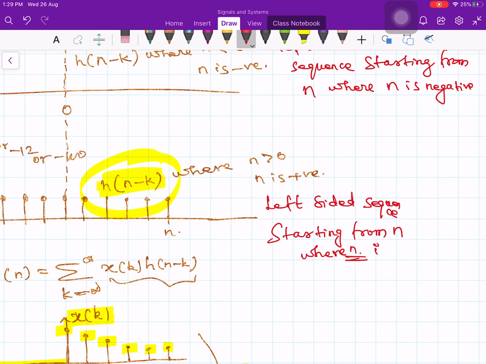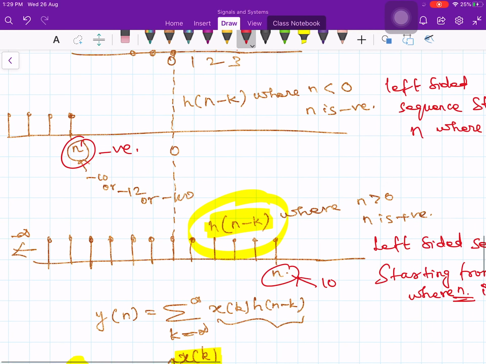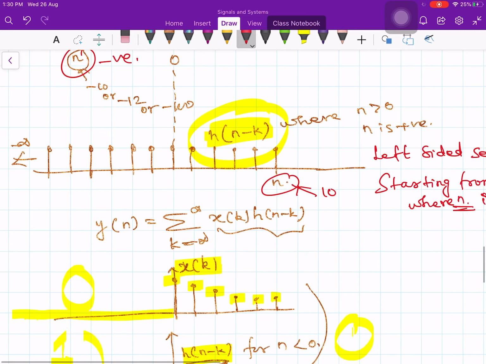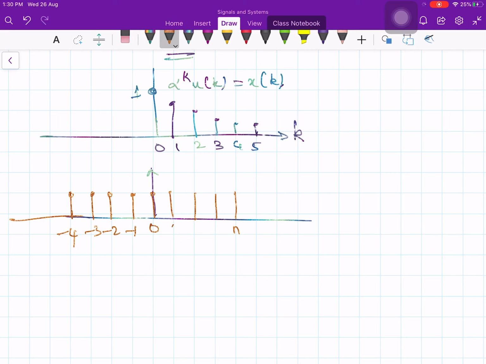So let us say this n can be some 10 or 15 like this, but here this n is negative, the second h of n minus k in this case. So here, let us say this is n, then the sequence goes like this: 0, minus 1, minus 2, minus 3, minus 4, 1, 2, 3, 4, and so on, let us say n is here like this.